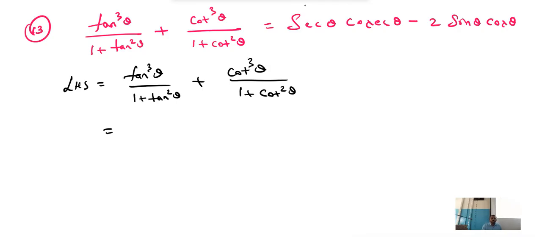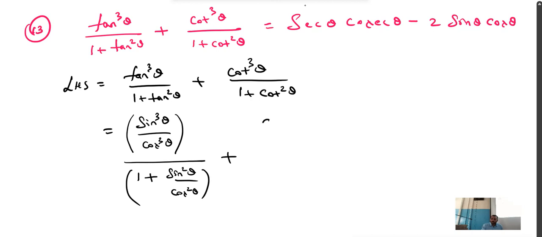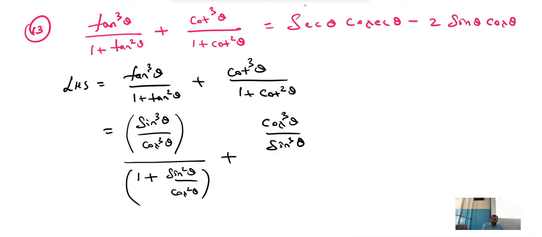Now tan cube theta can be written as sin cube theta by cos cube theta. Whenever you get a fraction, use brackets. 1 plus tan square theta, sin square theta by cos square theta, plus cot cube theta, cos cube theta by sin cube theta, divided by 1 plus cot square theta, cos square theta by sin square theta.